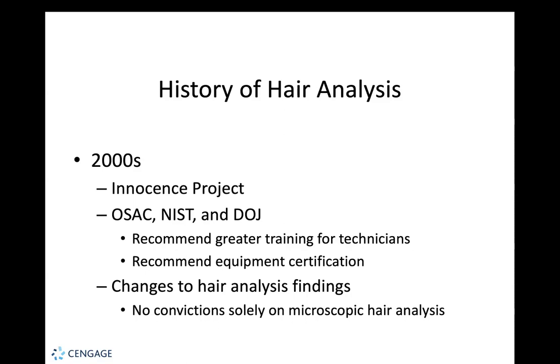This is really big for a lot of rape cases, in which case they found hair on the victim, and with the Innocence Project, what they're trying to do is test the DNA of the hair found, test the DNA of the suspect, and see if it's actually a match.